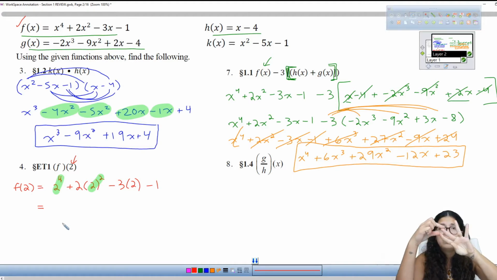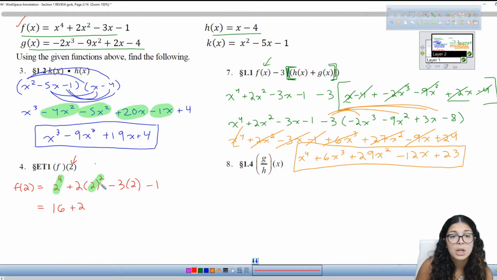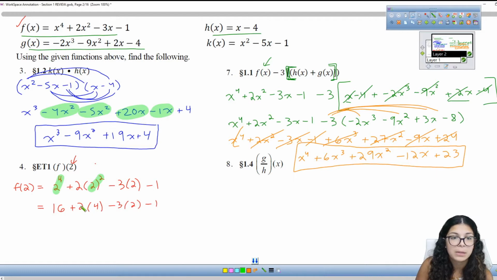2 times 2 is 4. 2 times 2 is 4. 4 times 4, 16. 2 squared is 2 copies of 2, which is 4. And I'm just going to bring the rest of this down. Okay, now we can do multiplication. So now I can multiply 2 times 4 and negative 3 times 2.